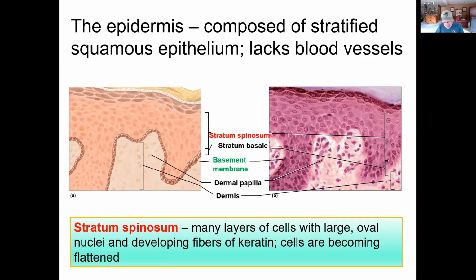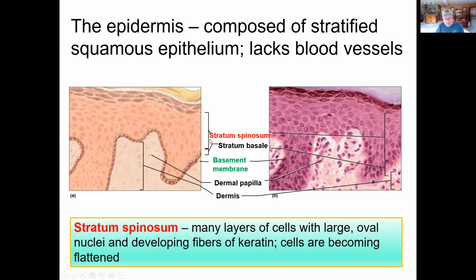But keratin is a very common protein that is manufactured here in the stratum spinosum layer. And as these cells undergo this keratinization process, the acquisition of the keratin, they're eventually going to harden and eventually die.